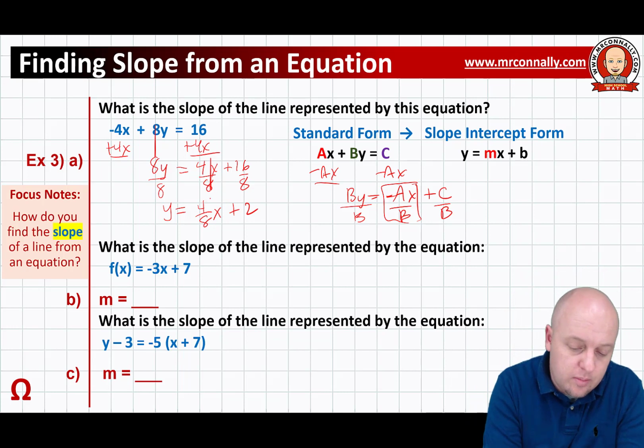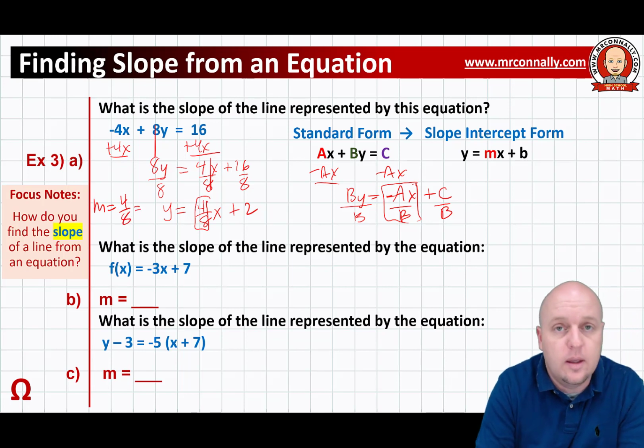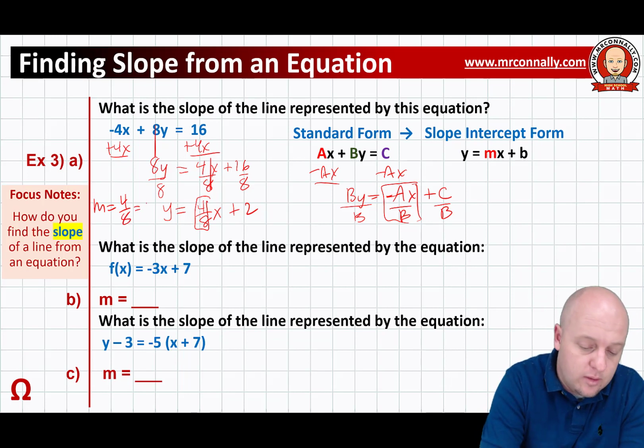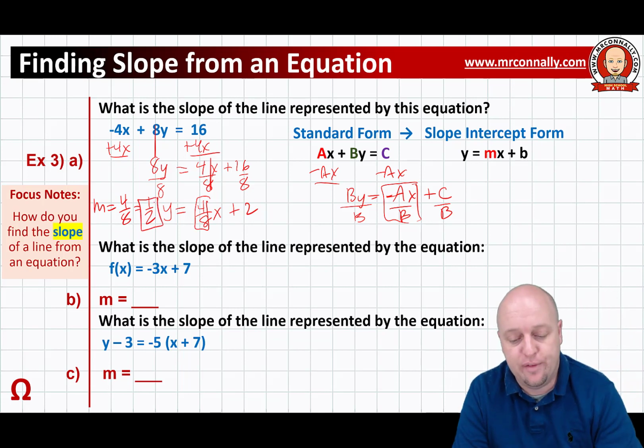Okay, so the slope is going to be 4/8, which we know can simplify by dividing it by 4 to 1/2. So the slope in this case is 1/2.